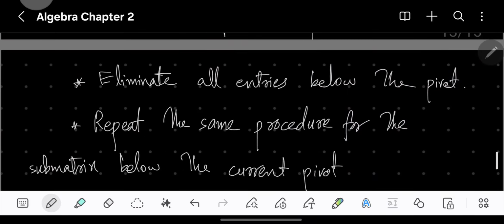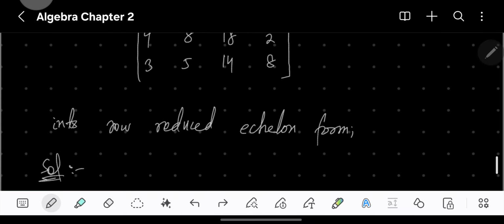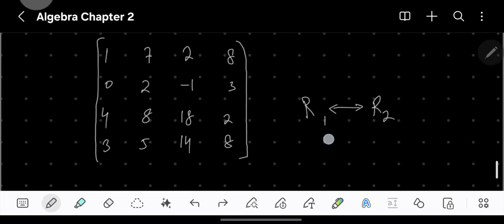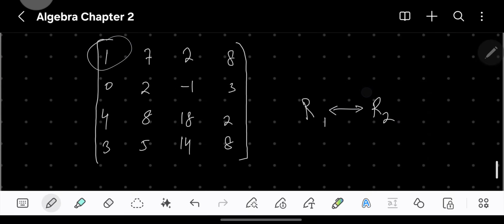The next step is to eliminate all the entries below the pivot. What does that mean? Now this is the pivot, and we have to eliminate all the entries below. This one is already eliminated. I will eliminate this entry and this entry.